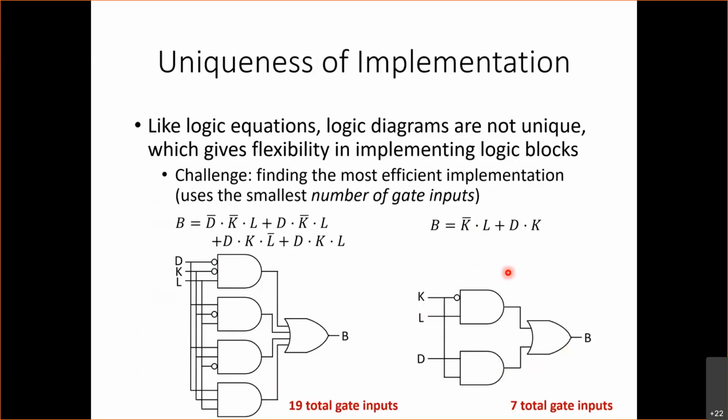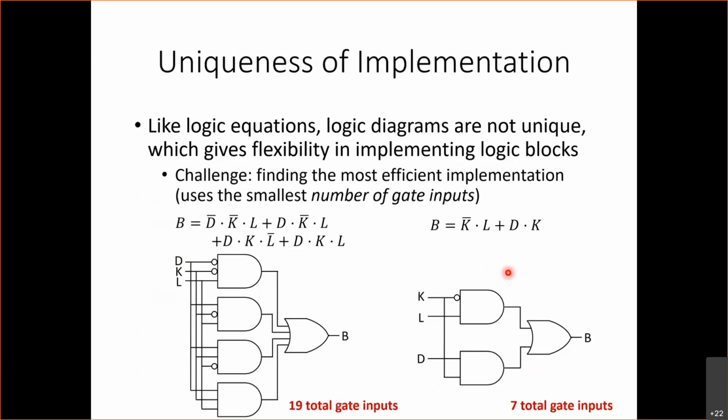Okay, so the question is, how can we do this? You saw earlier that what we did is we applied different Boolean algebra identities in different orders and arrived at different simplifications.